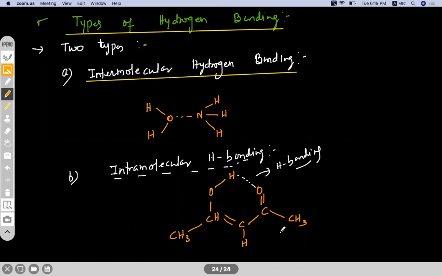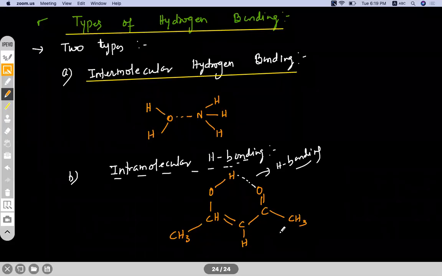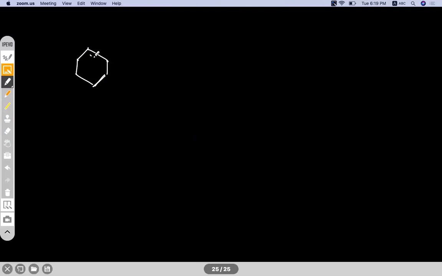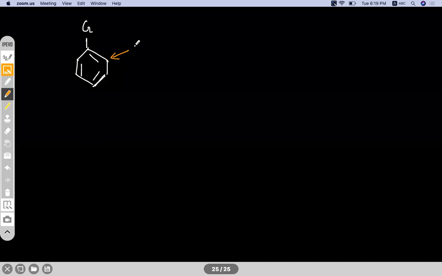Okay, look at this example. If you talk about ortho, para and meta positions, this is a benzene ring and any group is attached. We can have OH, NH2, CHO, any group. With respect to this group, this position is the ortho position.